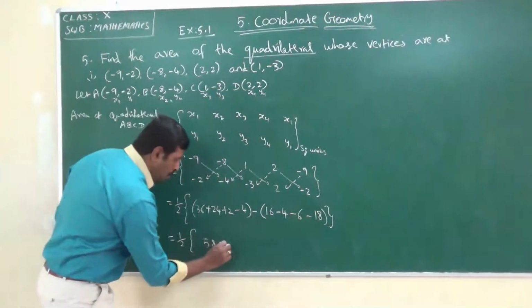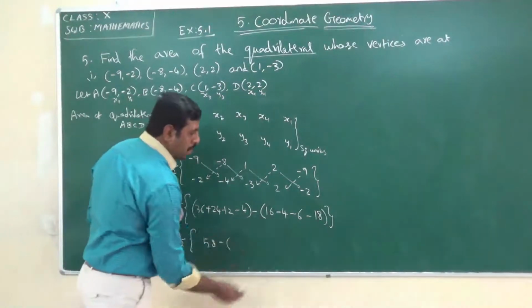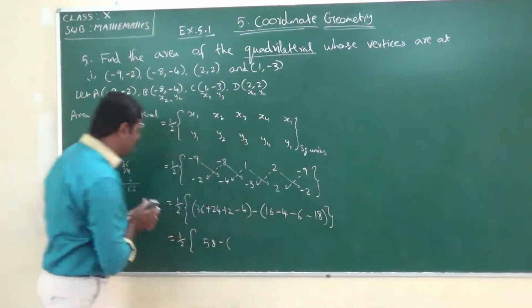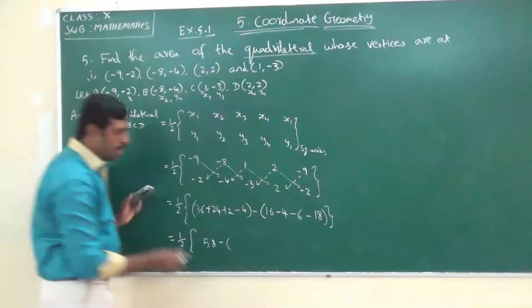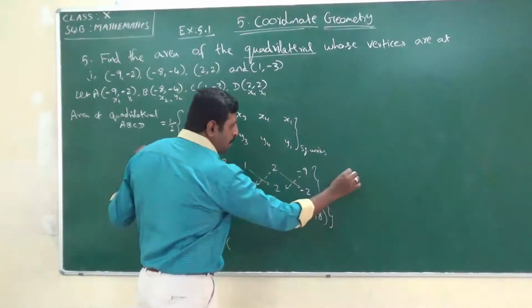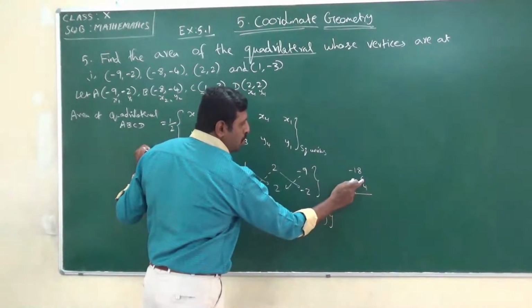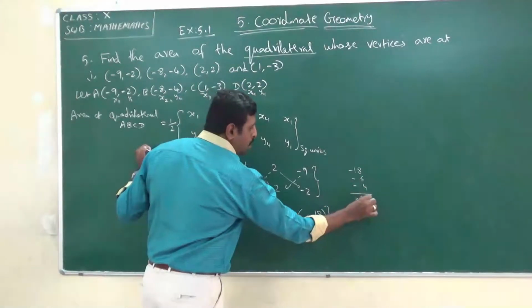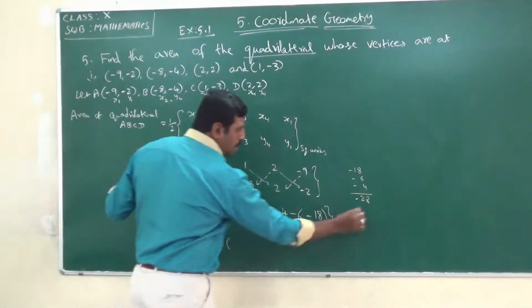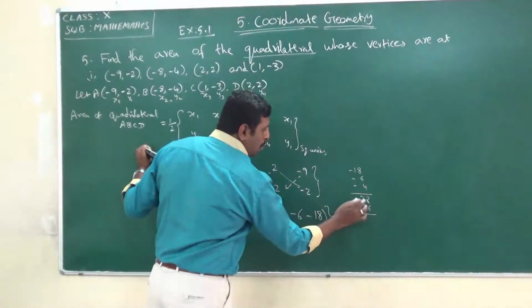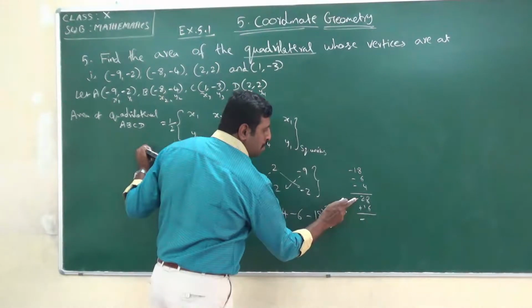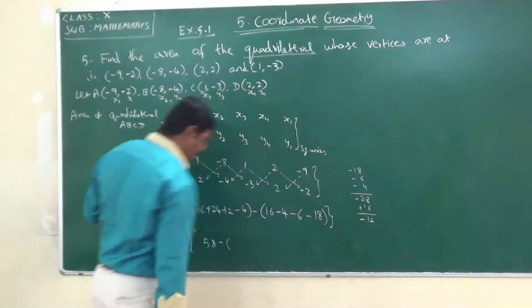Minus of this term: here we have the negative values as 3 terms, the positive value as only 1 term. So minus 18, minus 6, minus 4. 6 plus 4 is 10, 10 plus 18 is minus 28. Here we have plus 16. Now we subtract these two terms; we get the highest value as minus, so minus 12.